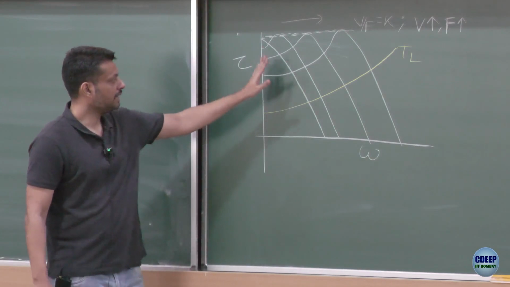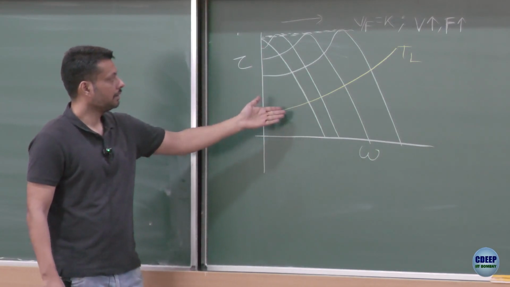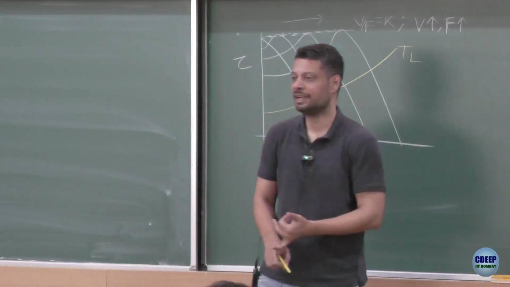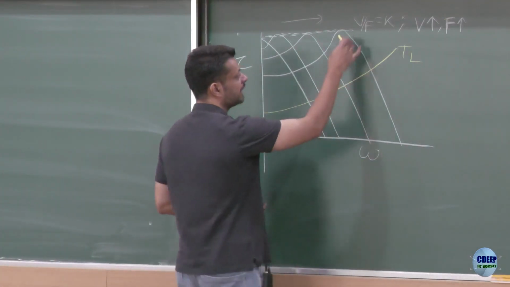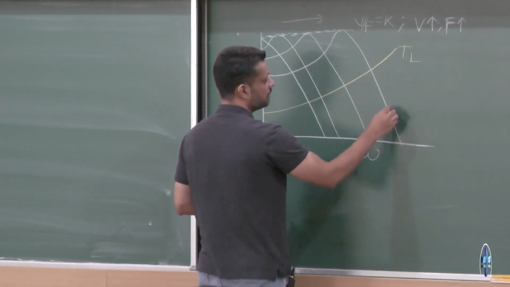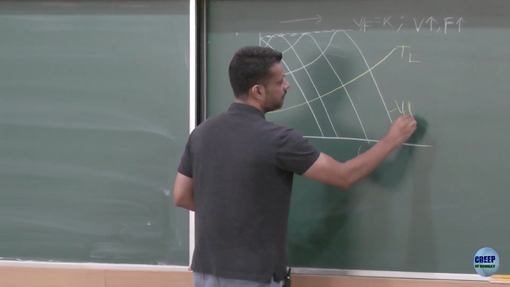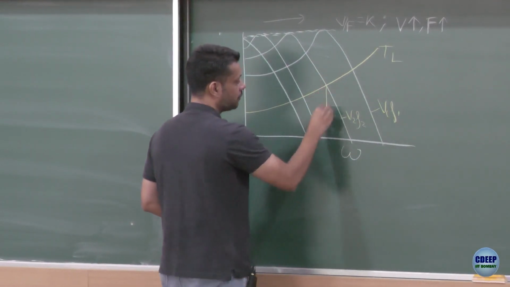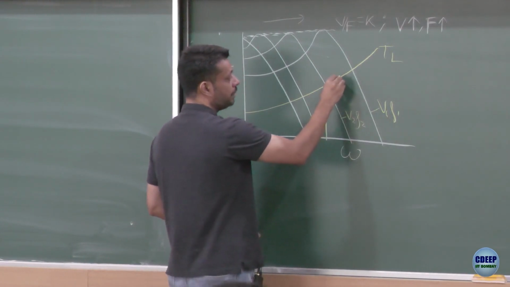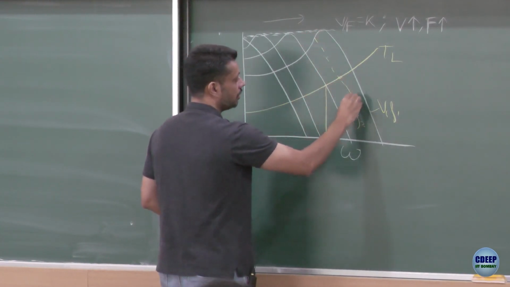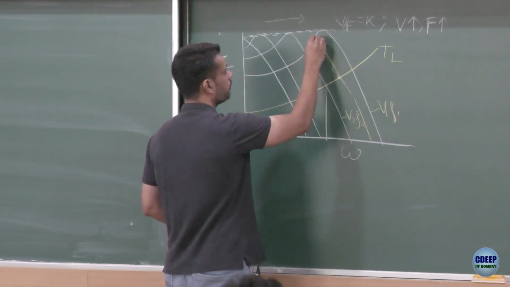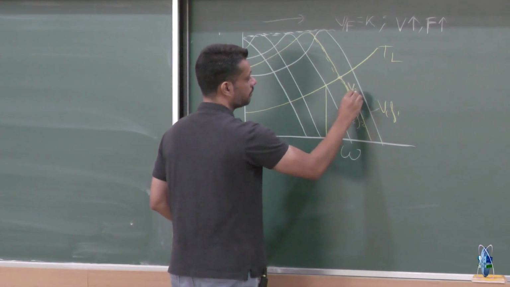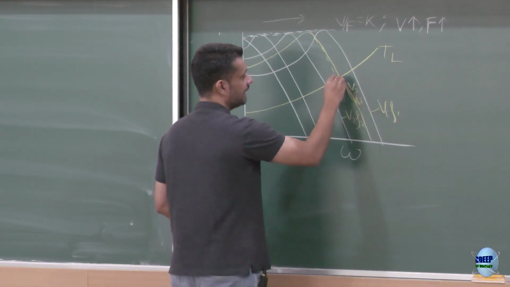Now in this case, you can overcome all the 3 problems. One is fixed speed. You need not set your voltage and frequency corresponding to this one, which is, let's say, V1 F1. You can set it to V2 F2, and you can get this speed. If you want to operate at this speed, you set your V by F to V3 F3, and you will get exactly this speed.